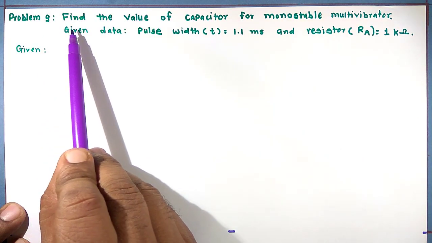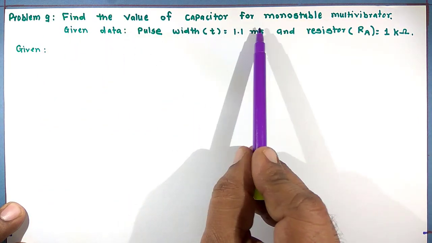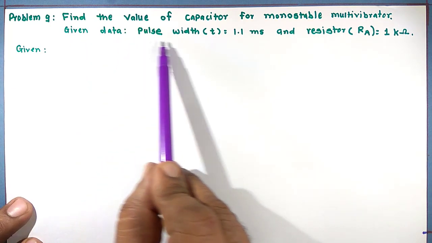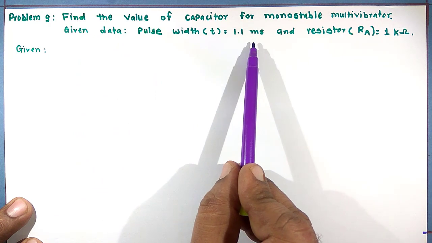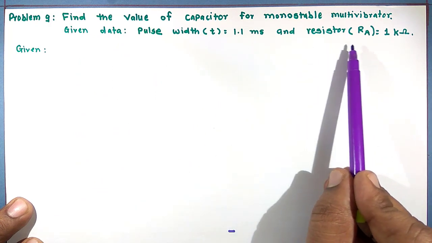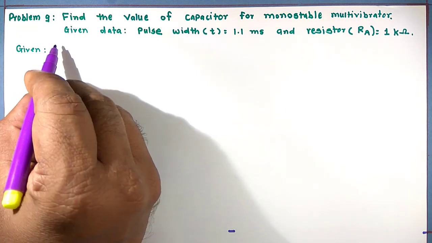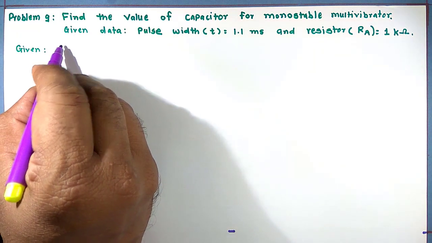Next problem is, find the value of capacitor for monostable multivibrator. Given data, pulse width T is equal to 1.1 millisecond and resistor Ra is equal to 1 kilo ohm. So let us first write the given data.